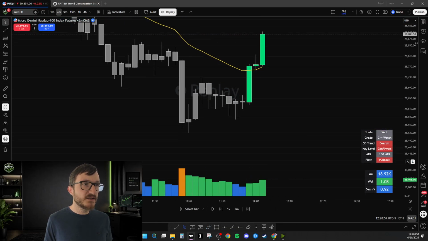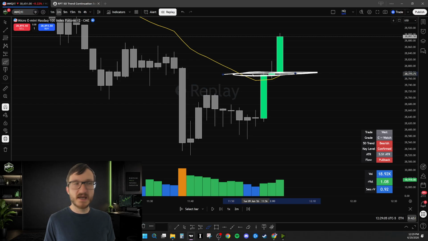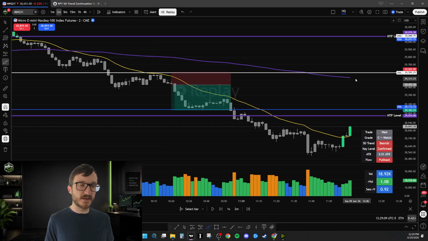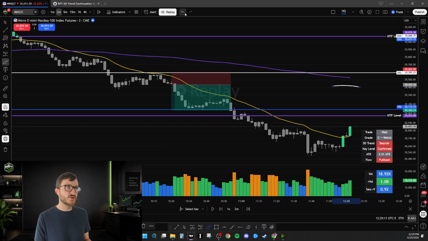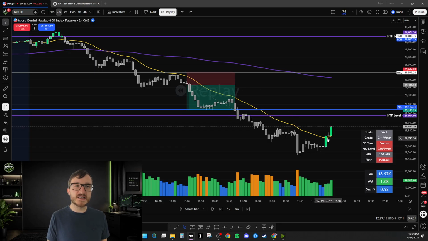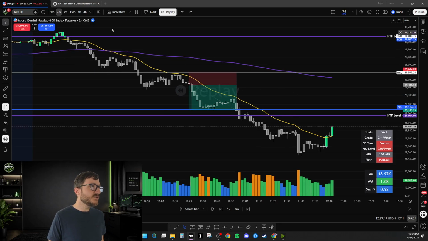This candle for me was the first candle to close above the yellow line. I am now closing the rest of my position. Okay? So we caught a 2-to-1 risk to reward up here, and then we are going to close the rest out here.